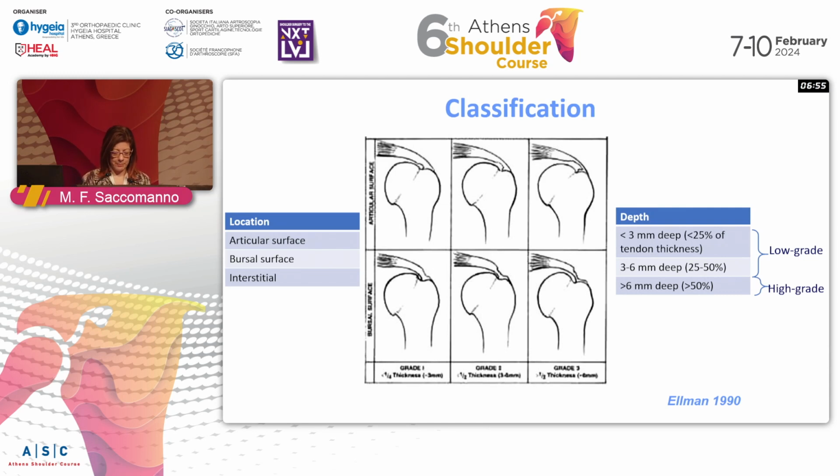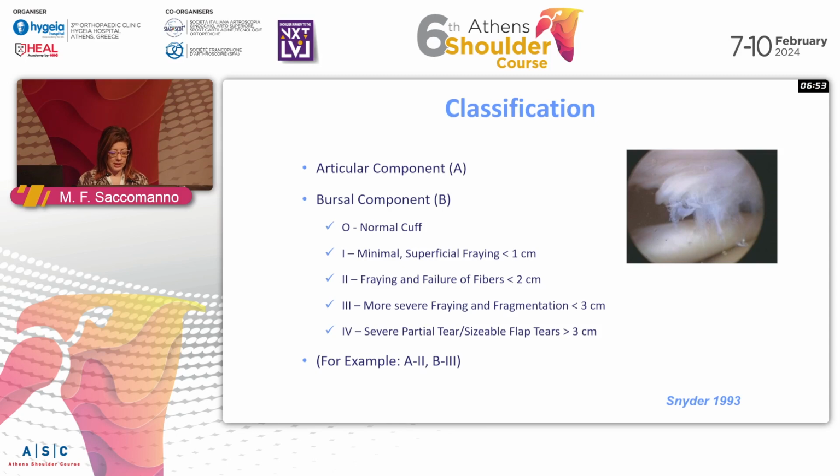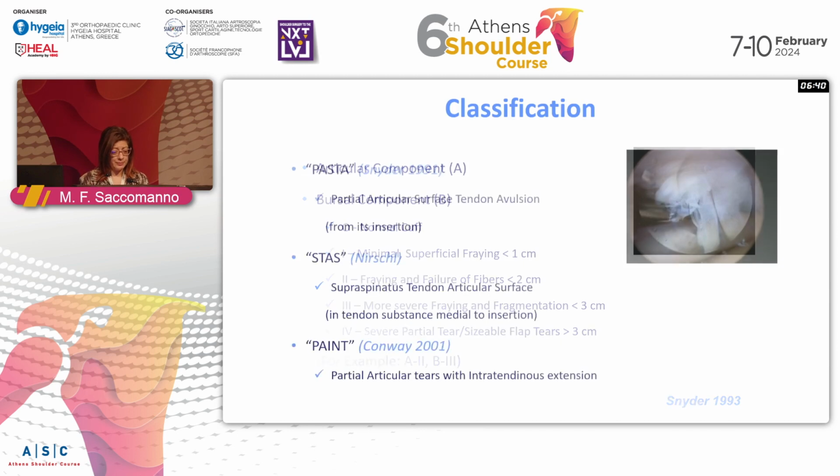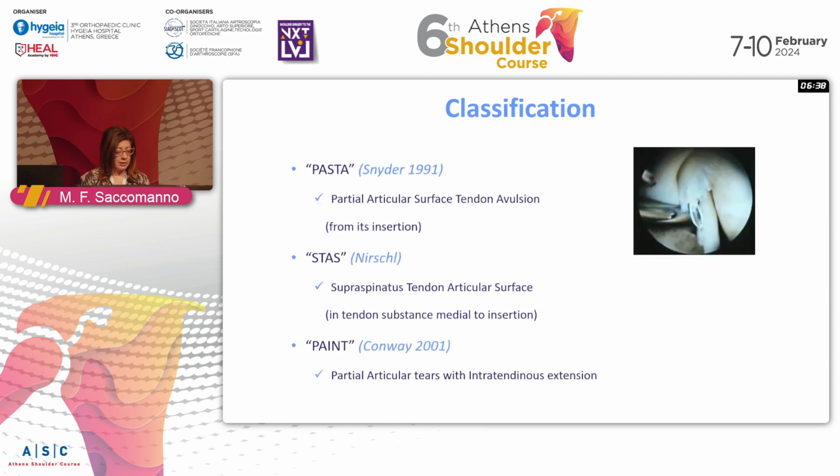A similar classification is the Snyder one, which divides into articular and bursal components, defining the thickness involvement of the tear. Later on, particular specific types of partial tear have been defined, but that doesn't change the treatment.